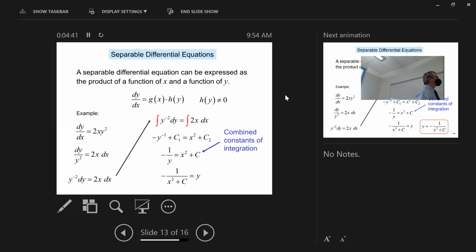Now what? What's the matter with this? Its nose runs and its feet smell. What is the matter with it? It's upside down. You don't want to know what 1 over y is. You want to know what y is. So they took the reciprocal of both sides.